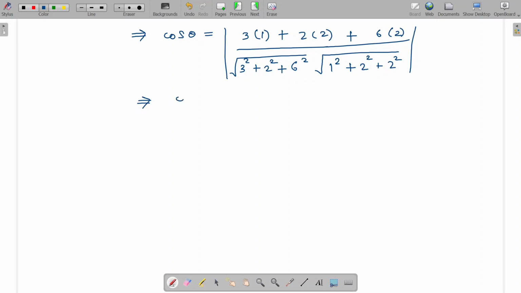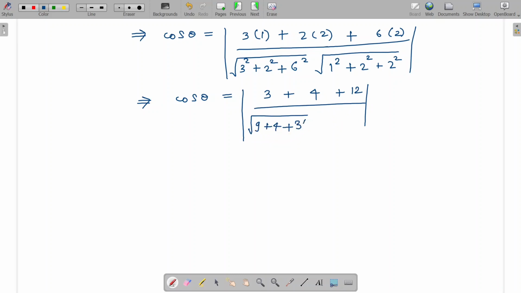So this implies cos theta is equal to modulus of 3 plus 4 plus 12, divided by root of 3 square is 9 plus 2 square is 4 plus 6 square is 36, root of 1 square is 1 plus 2 square is 4 plus 2 square is 4.